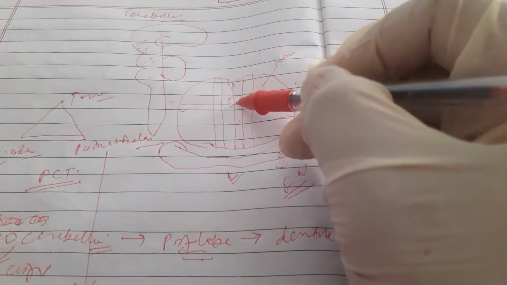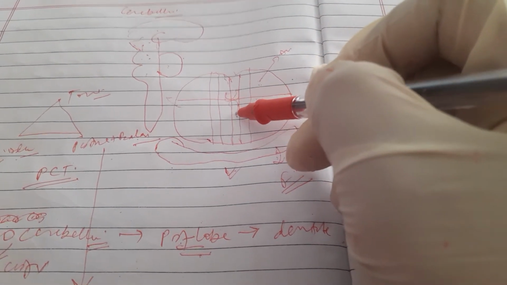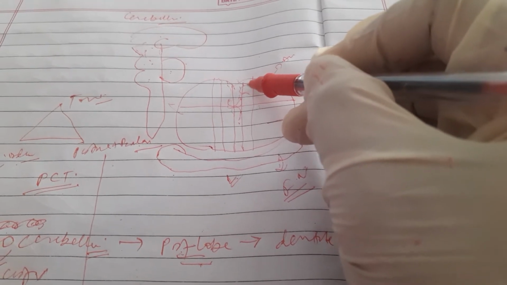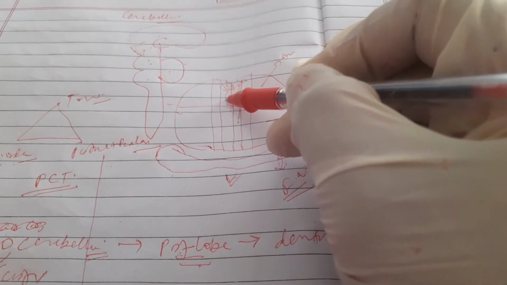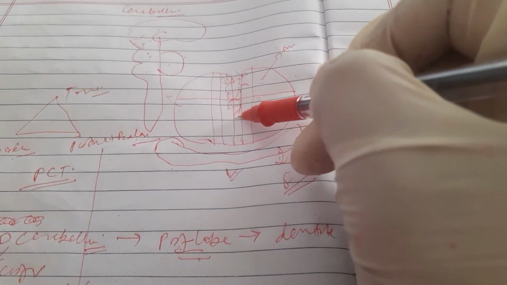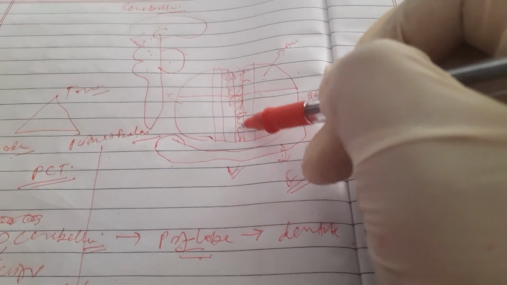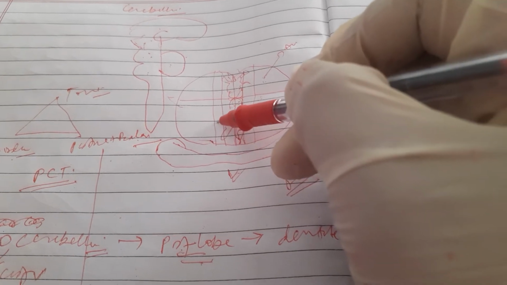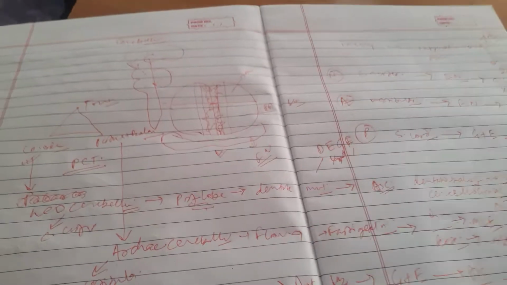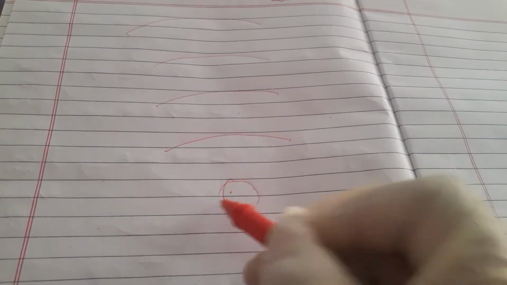Like this, the head is towards this side, and here is the neck, and again here is the head, and here is the upper limb, lower limb, upper limb, like this, both sides. Okay, now coming to the internal processing, how it is done. There is cortex and medulla. In the cortex there are 3 layers of cells, and these are the deep nuclei.